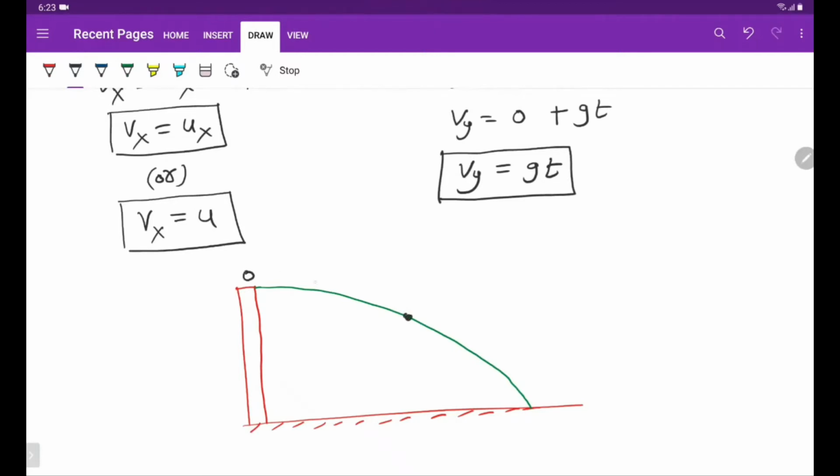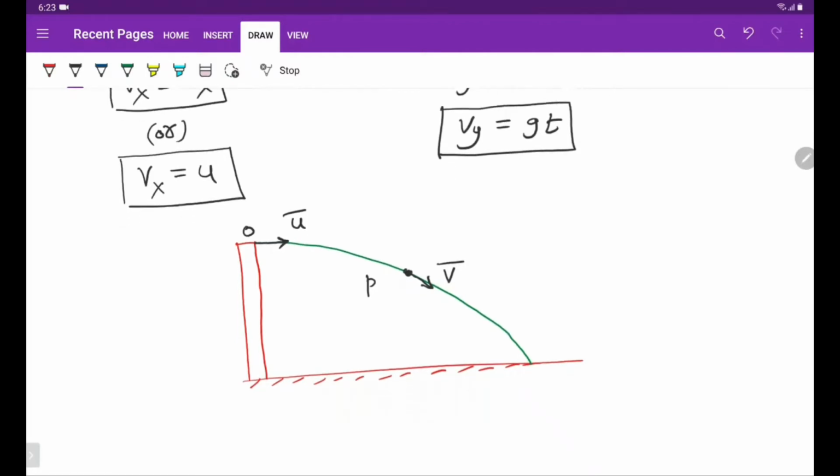O is where we projected, and finally the particle is at P. Initial velocity is U bar, with magnitude U. Take U bar, the initial velocity, in vector form, completely along the x direction at time t0.